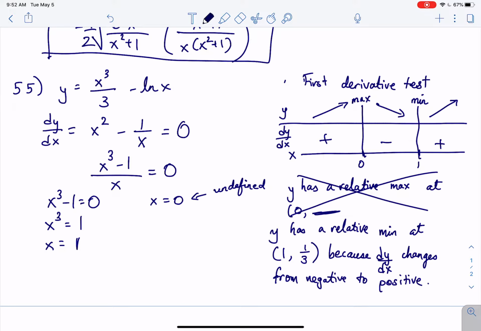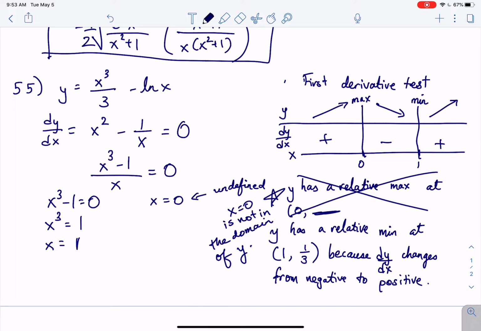And then you also want to just put this in here, make a note, x equals 0 is not in the domain of y. So we want to explain, right? Like we found x equals 0 as a critical number. We want to explain why we're not considering it. In this case, it's not in the domain of the original function. It made the derivative undefined, but it also makes the original function undefined.